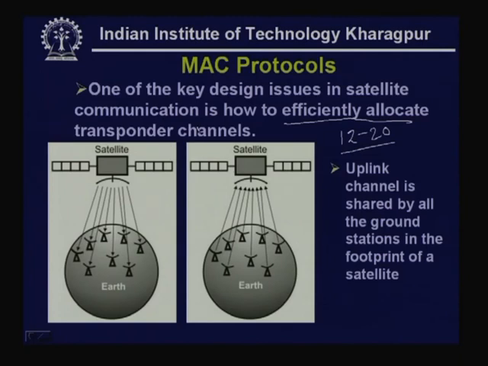Now, in satellite communications, as you know, from the satellite to the earth station it is essentially a broadcast type of communication. So, there is no need for medium access control.